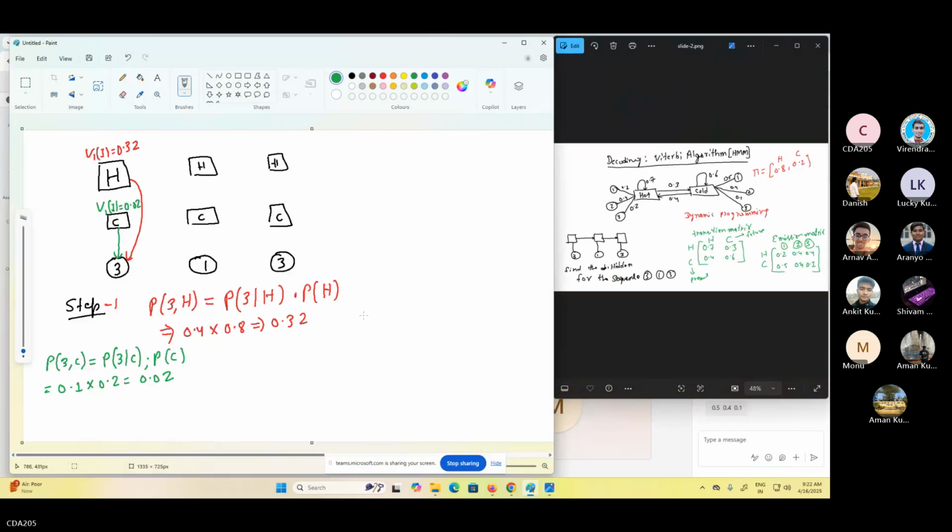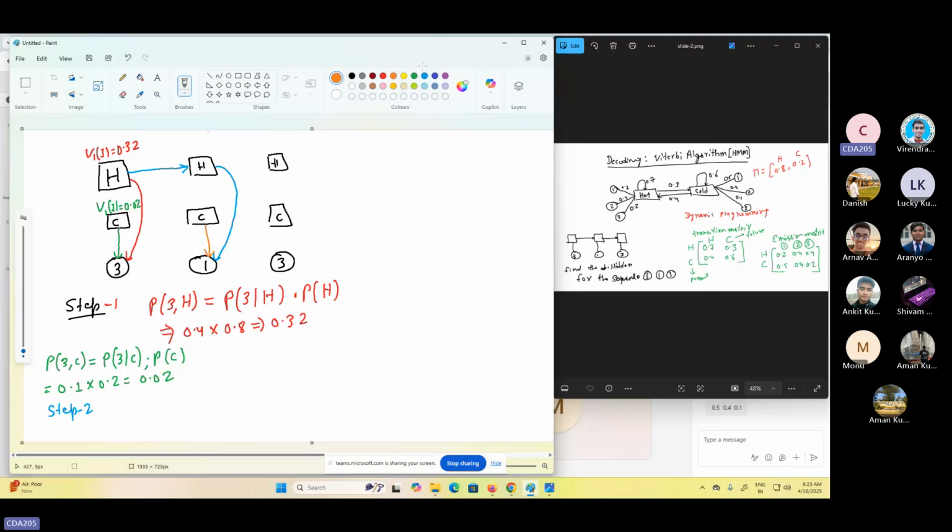Okay. Now we can come to step number 2. For step 2, it is going from H to H, and this H will go from H to 1. Another one we can see goes from this to this.